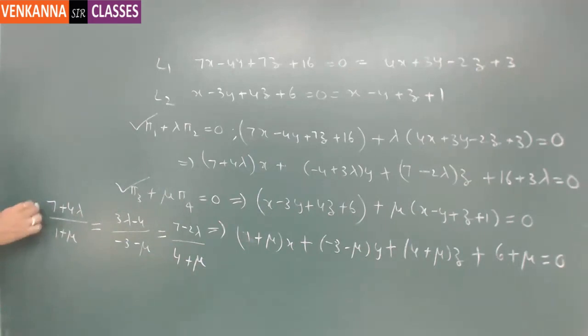We take the constant k. If both are the same planes, then the coefficients must be equal, right? Apart from saying that, I am saying the coefficients are proportional. So if both planes are parallel, in that case also we take the proportionality constant k.